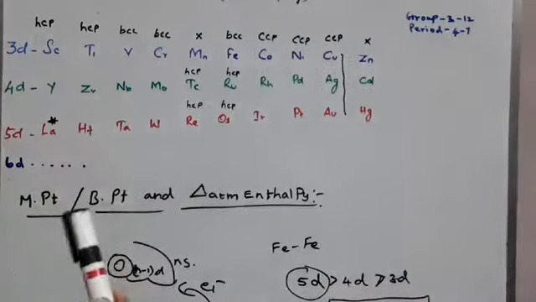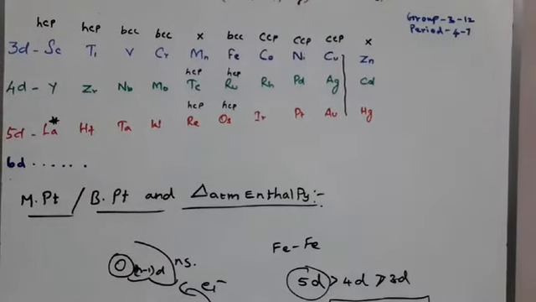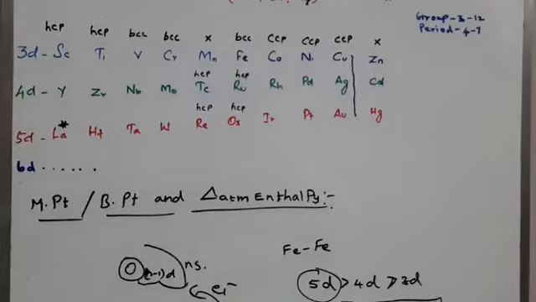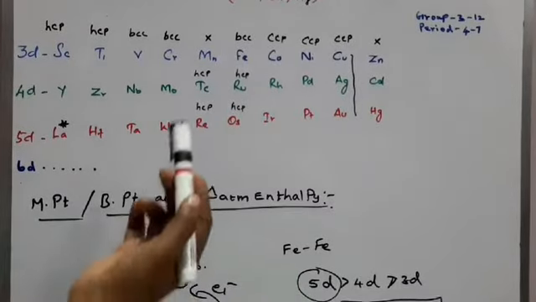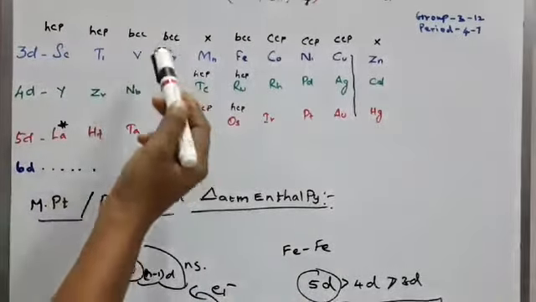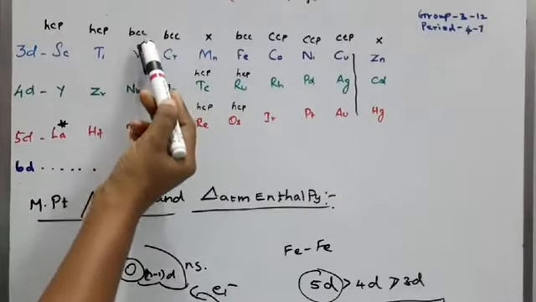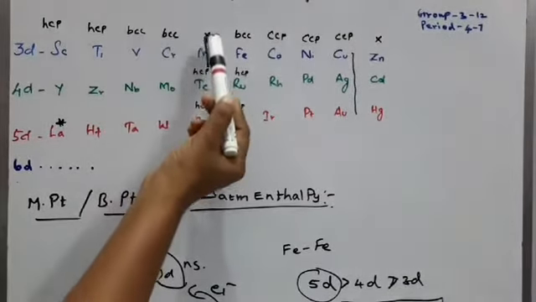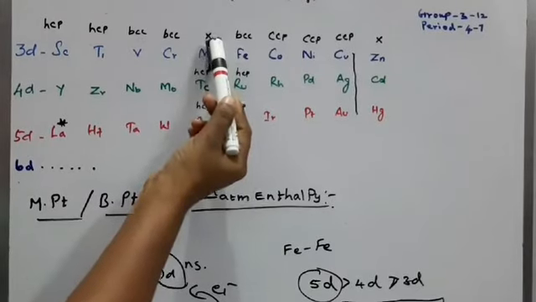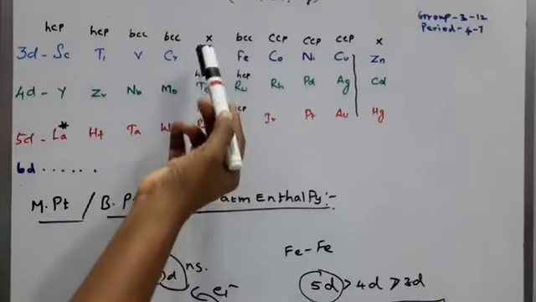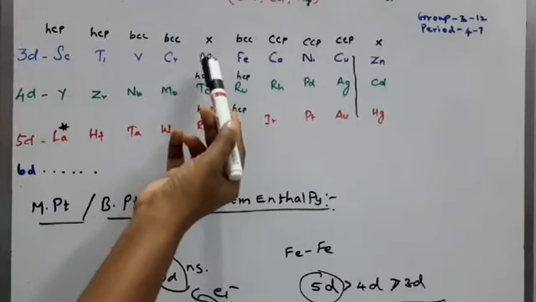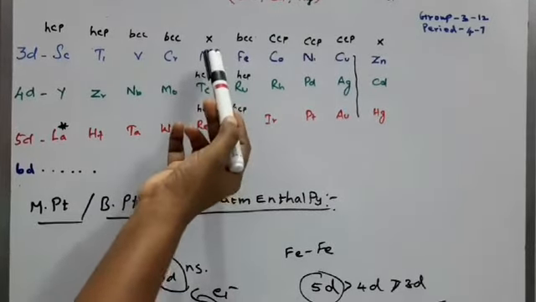BCC is a solid state topic we are going to study. There are three types: body centered cubic, face centered cubic and so on, which we have to study later. This one is for the body centered cubic arrangement. Manganese, why have I written a cross here? It doesn't have a proper lattice structure.